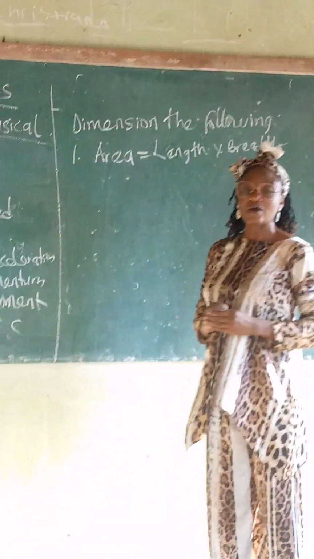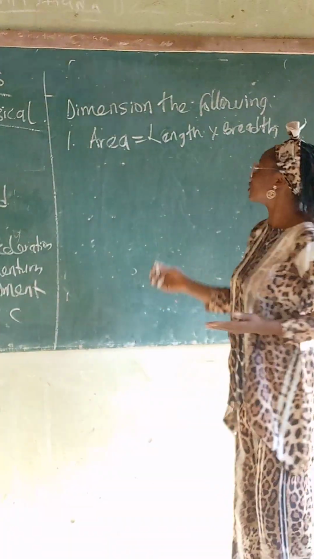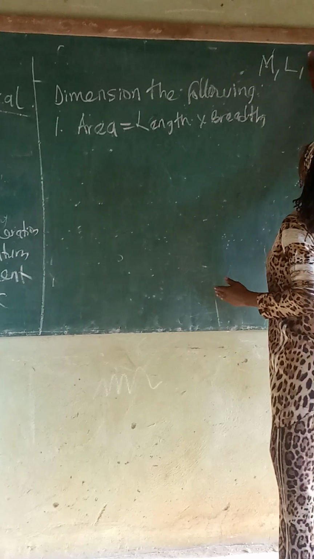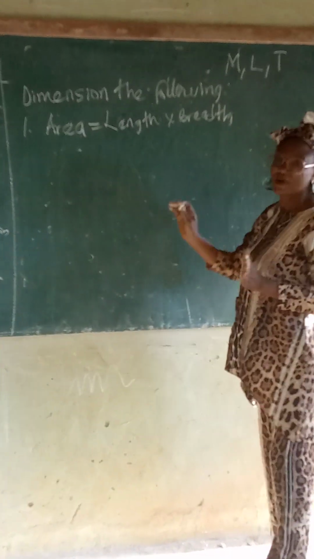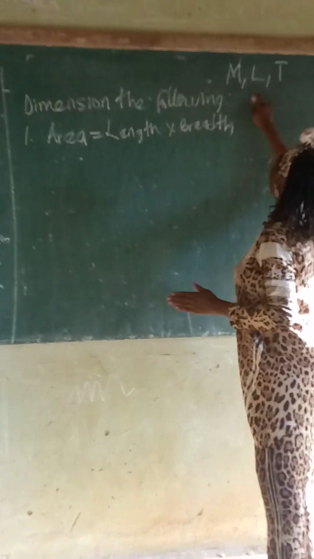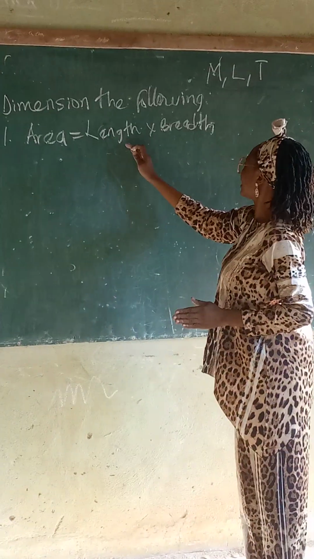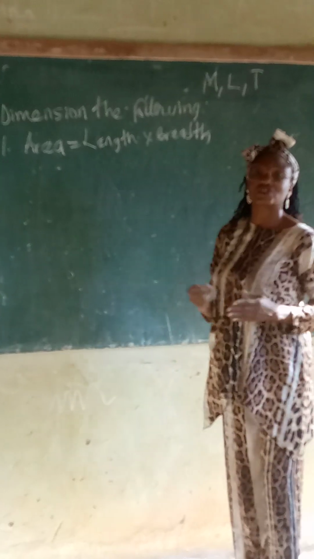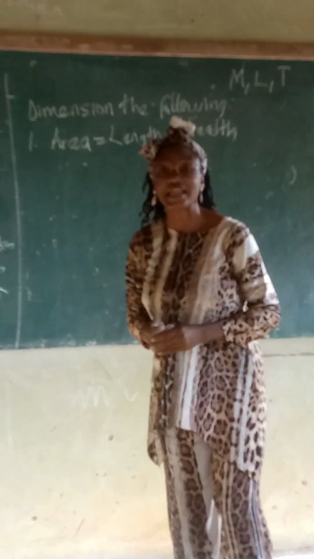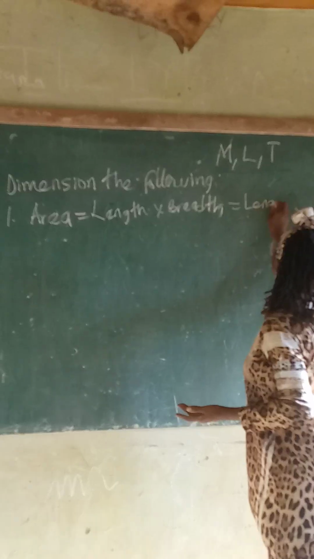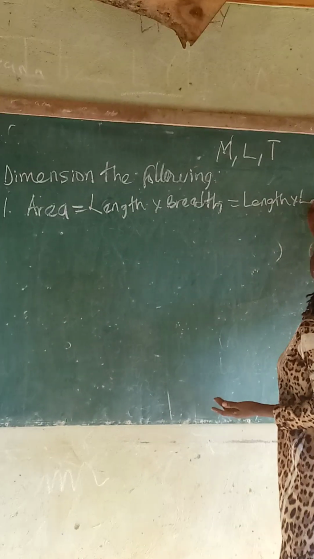Now, what we are going to be needing is simply M, L, and T: mass, length, and time. Whatever we are going to dimension must depend on these three quantities. Breadth is also synonymous with length. So area equals length times length.